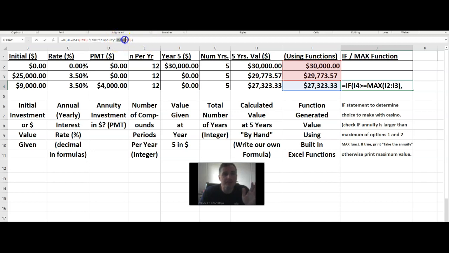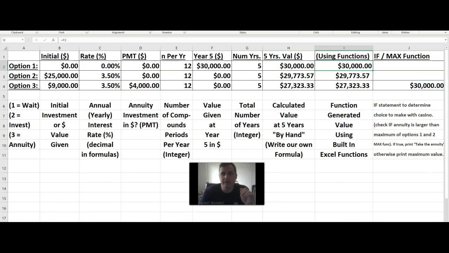If not, just display the maximum value of either I2 or I3. Well, it just displays $30,000 because that's the maximum value if you're patient and if you wait. Okay, so that's the idea.